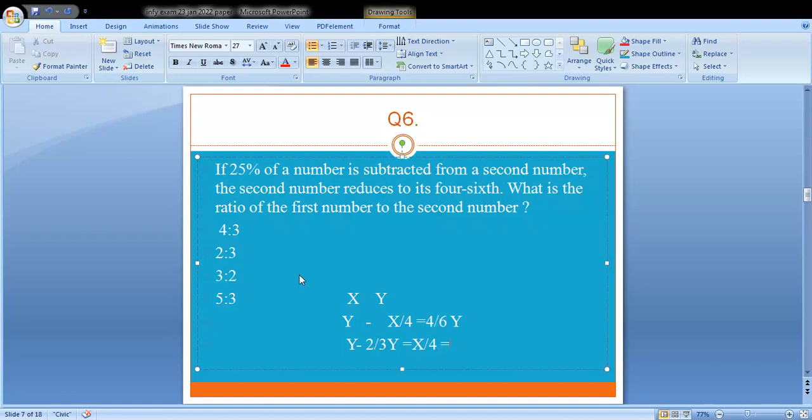So 3y minus 2y, y by 3 is equal to x by 4. That implies x by y equals 4 by 3. So 4 is to 3 is the answer for this question.